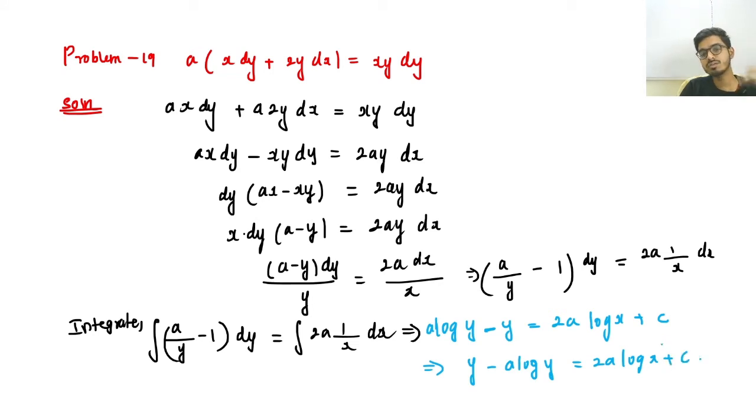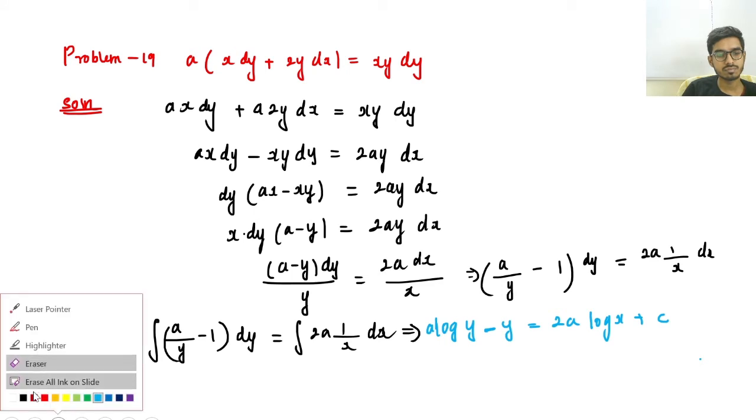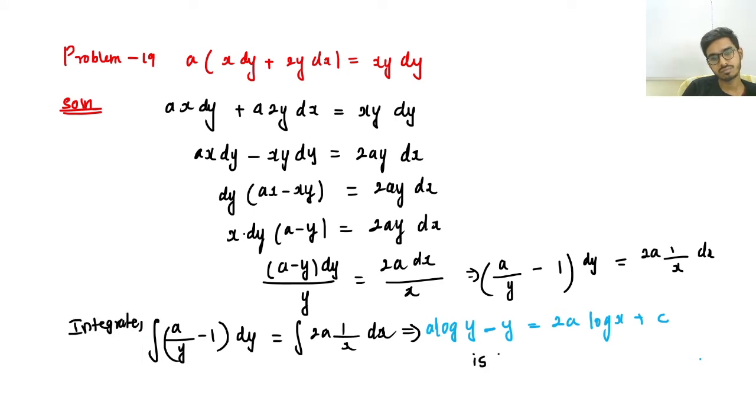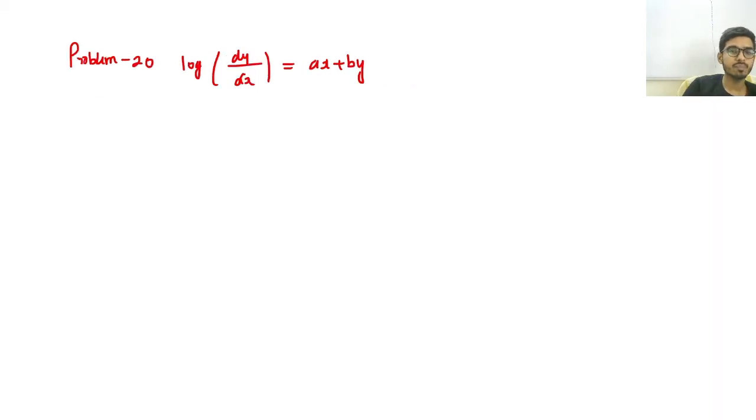This is the required solution. Or you can also simplify that, but we don't do that. Let us keep this as it is, so we don't need to simplify this to more extent. So it's the required solution, right?